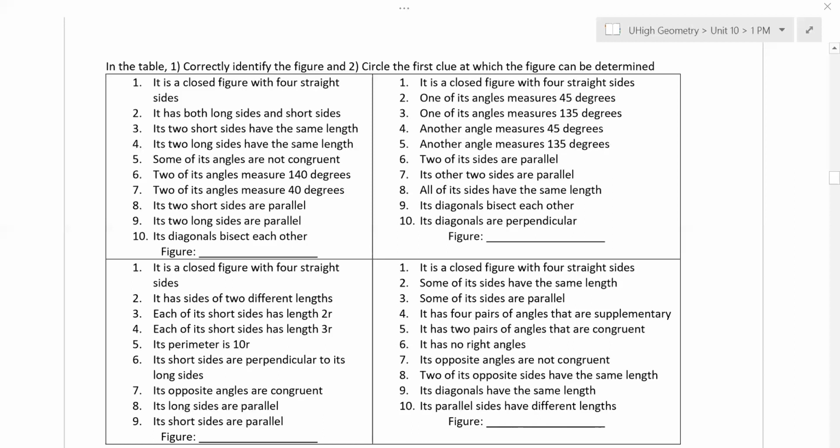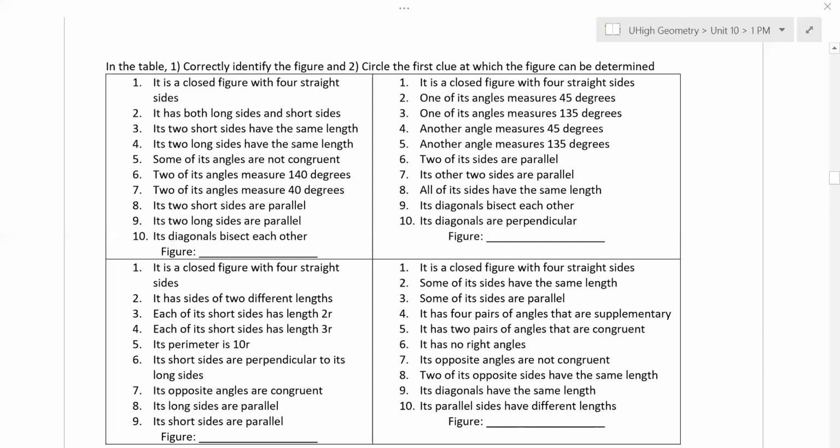Number 6, 2 of its angles measure 140 degrees, and 7 says 2 of its angles measure 40 degrees. What this one tells me is that it actually eliminates the possibility that this is a kite. The reason is that in a kite, we would have only 1 pair of angles that were congruent, and in this case, we have 2 pairs of angles that are congruent.